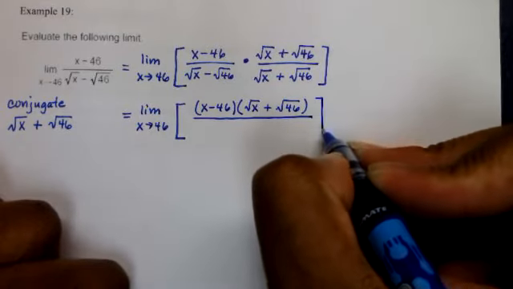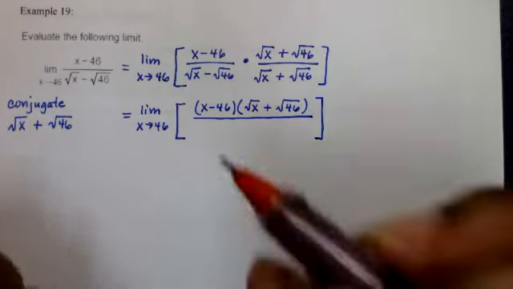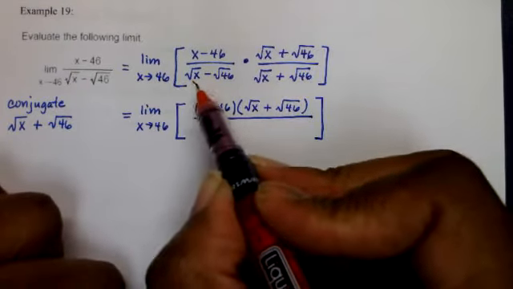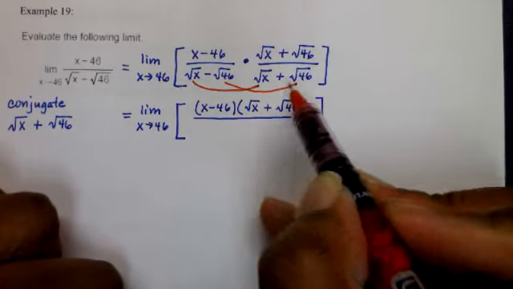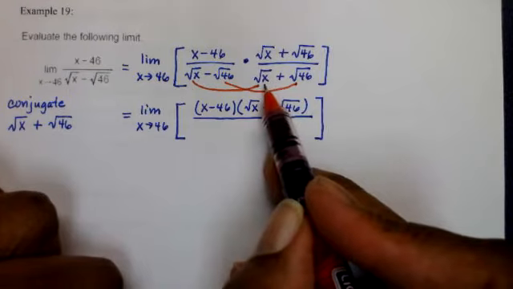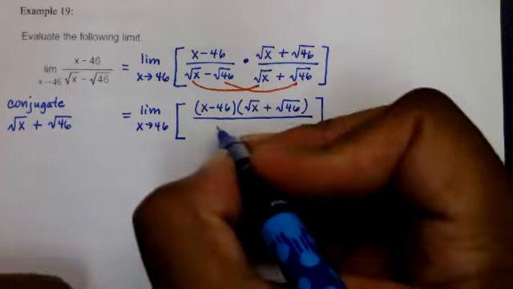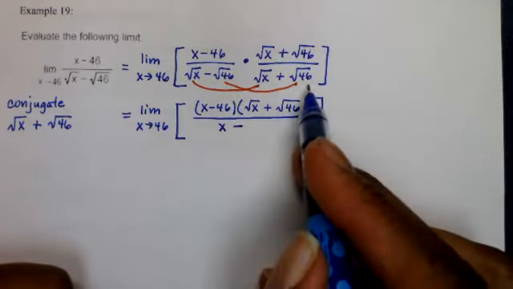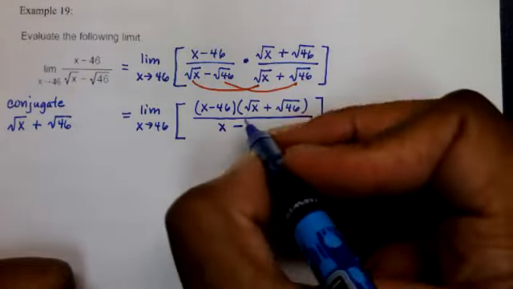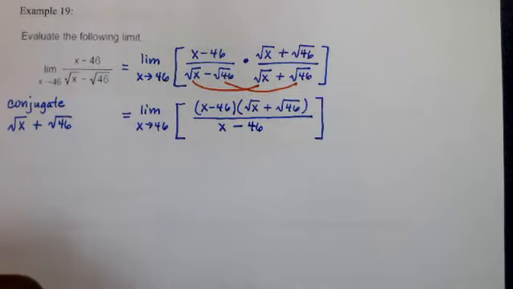The denominator, I'm multiplying by the conjugate, so that means I square the first term and then minus the square of the second term. The square root of x, and you square it, will just be x, wipes out the radical. Minus the square root of 46, and you square that, it also wipes out the radical, so it'll be x minus 46 in the denominator.